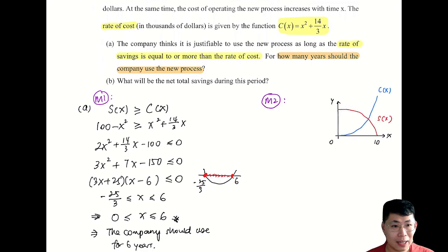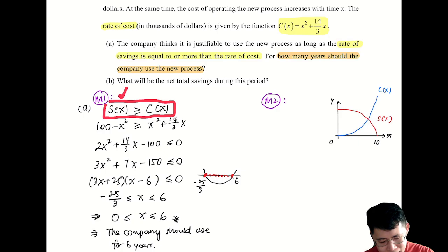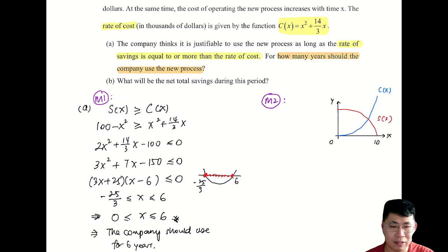We are looking for the part where the savings, which is our red color curve, is greater than the blue color curve. So when is the red color curve above the blue color curve? It is actually over here. So we take this point as the intersection, and it will be in this region, between 0 and this unknown number over here.